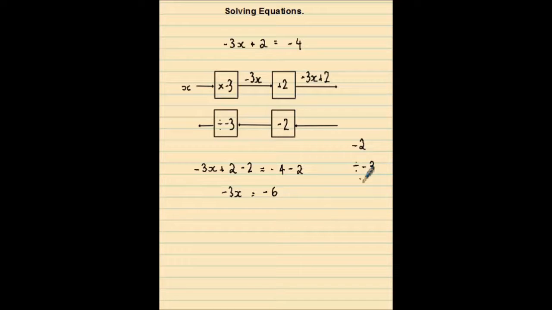And then the function machine tells us I need to divide by minus 3 on both sides, and then I simplify. And I've solved the equation.